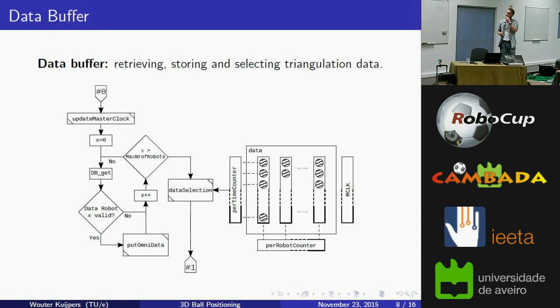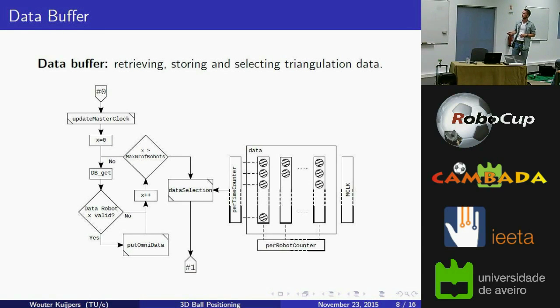So to start with, to give you a bit of a feeling how it works, this is the data buffer part. We start at label number 1. First we update the master clock, and this is a graphical representation of the data buffer which is in the algorithm. We see per column the robots, and each row represents a certain time instant.